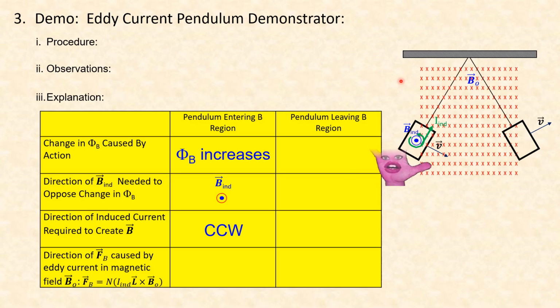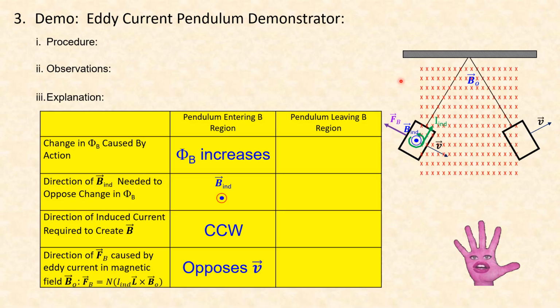At this point, we can bring back your right hand and figure out the direction of that magnetic force using our right-hand cross product rule. Remember, IL cross B is going to give you a force in this direction shown. Notice that that magnetic force resulting from the eddy current opposes the velocity, opposes the motion of the pendulum as it enters the field region.